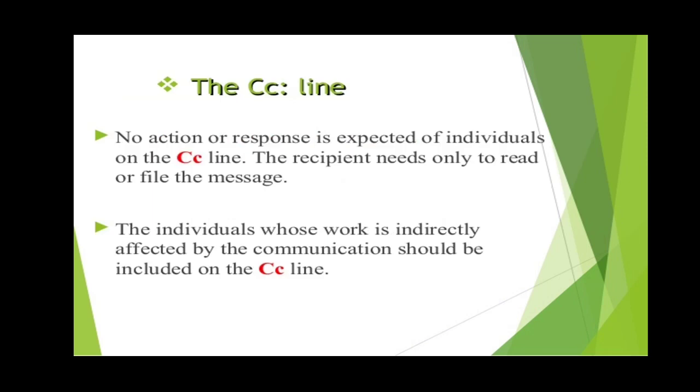The next one is the CC line. CC is an abbreviation of carbon copy. Carbon copy means, for example, your teacher is sending a mail to all your friends in your class. Student number 1 can also see that the mail is sent to student number 60, student number 30 and student number 40.